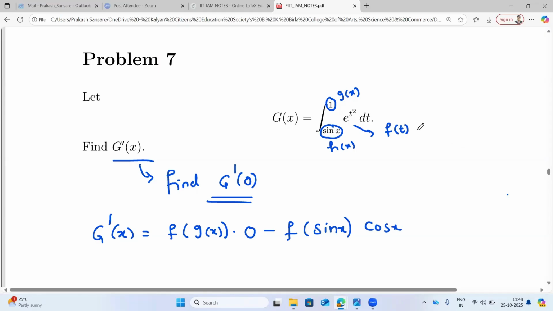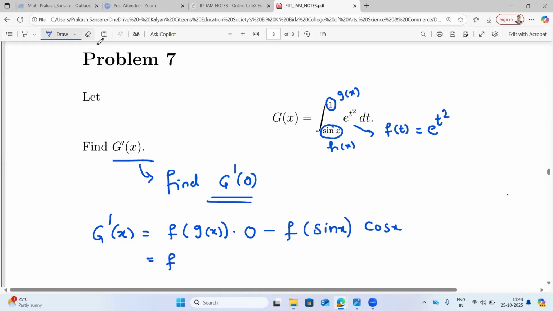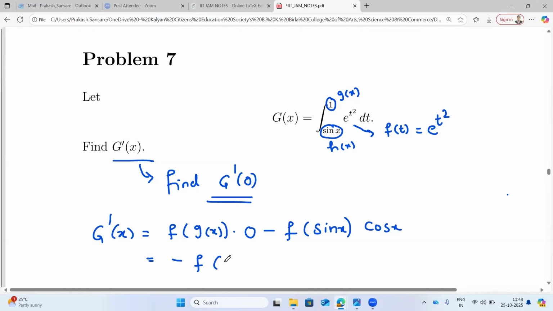So I know my f of t is basically e power t square. So I will only be left with f of sin x cos x.